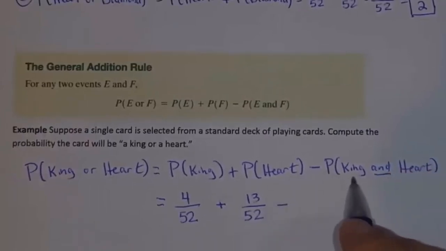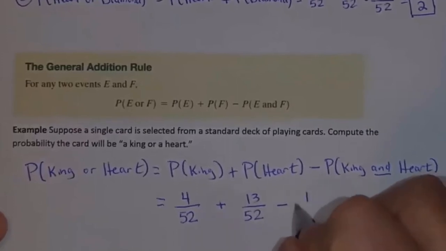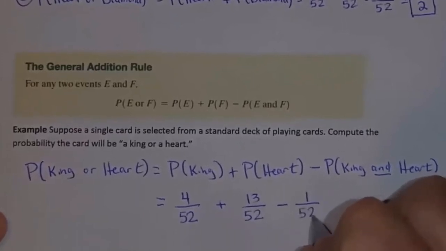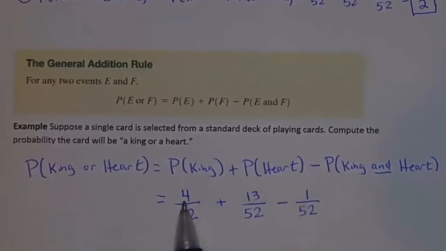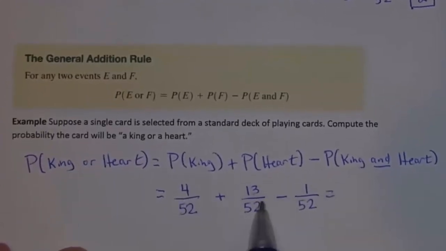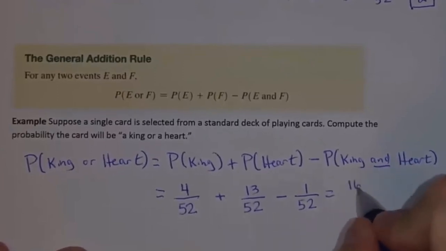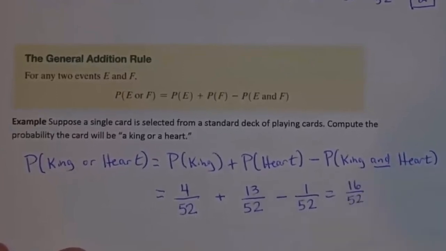Now, the probability of being a king and a heart at the same time, well, there's only one card that's a king and a heart at the same time. That's the king of hearts. So again, because the king of hearts is being counted both in the 4 and in the 13, we're subtracting off one so that we're removing the duplicate. So that gives us 4 plus 13 is 17 minus 1 is 16 out of 52.